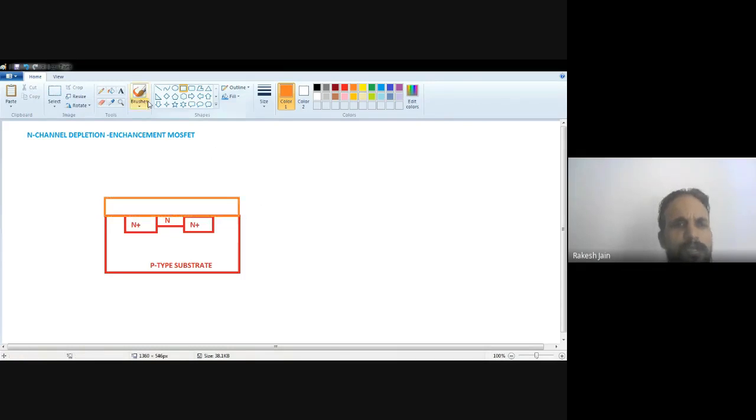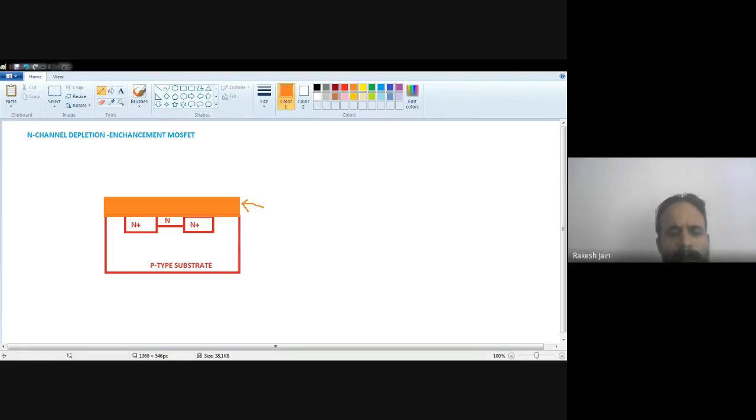This is your silicon dioxide layer, and I just write it down here: silicon dioxide layer.